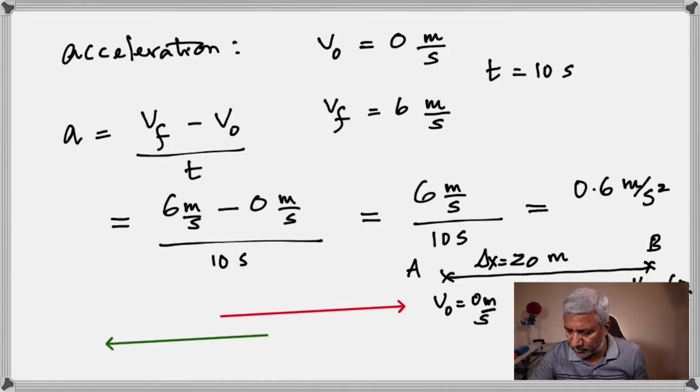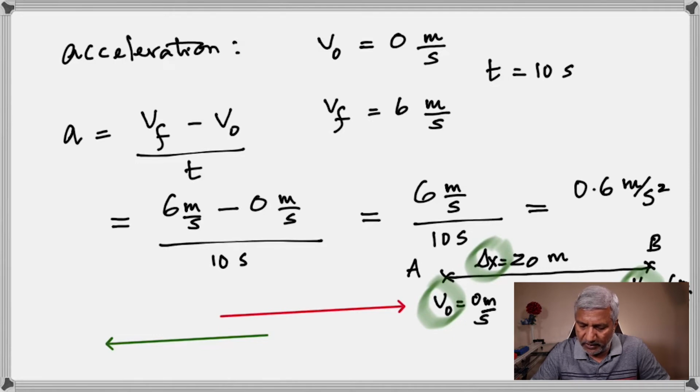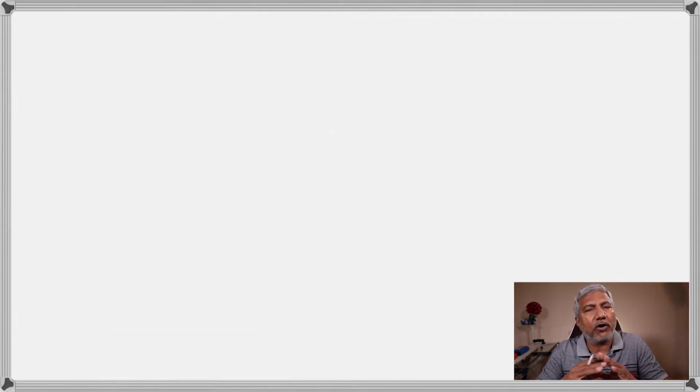And for this, you took a time of 10 seconds. See all that coming in? So there are basically 5 important terms in every equation in this chapter. You're going to have initial velocity, final velocity, displacement, time, and acceleration. These are the 5 terms that appear in all of the kinematic equations.